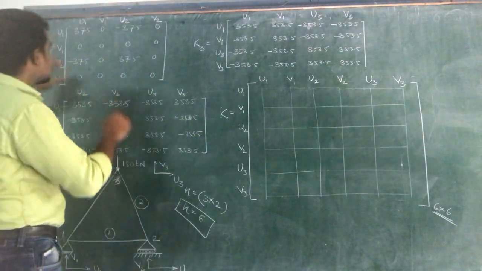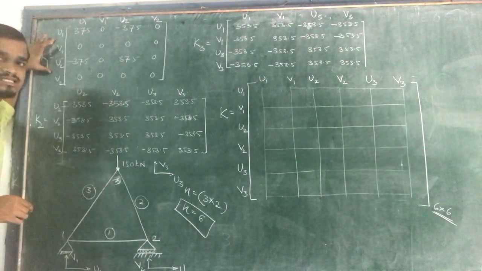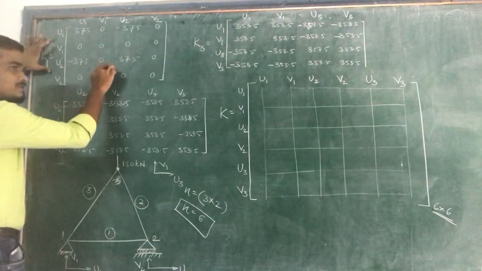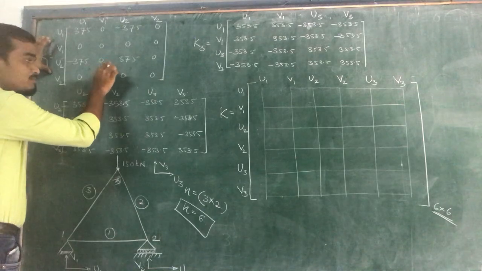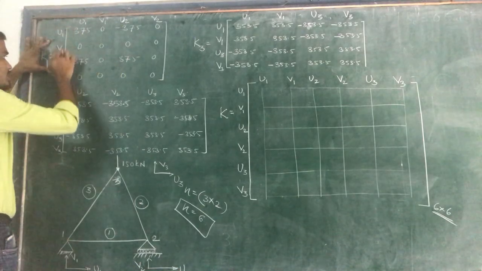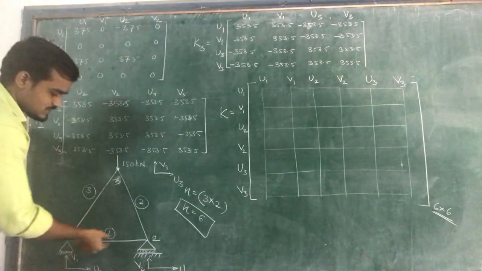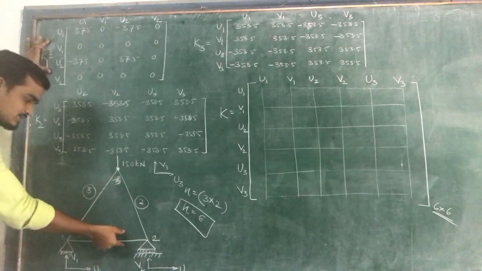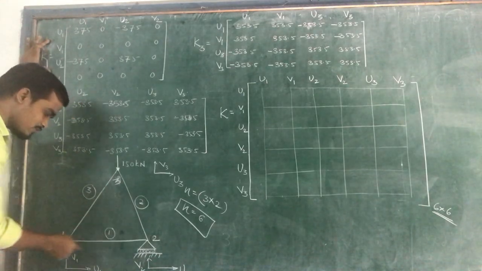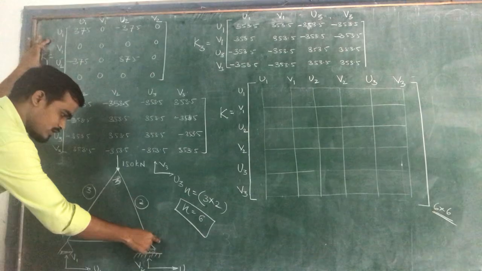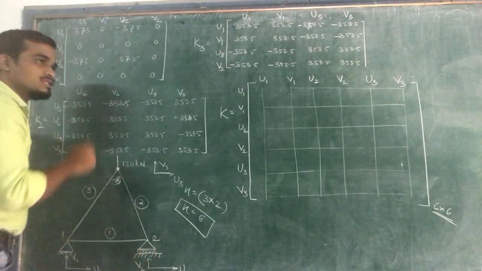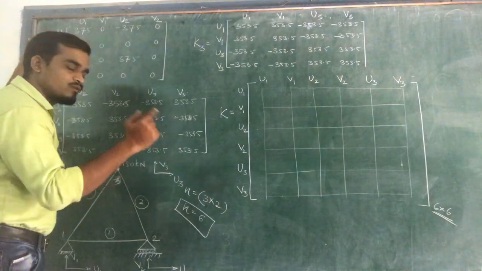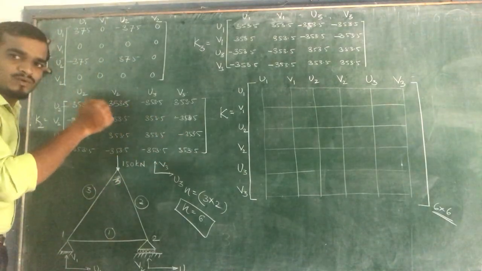First, this is the elemental stiffness matrix. The connectivity of this first element is between node 1 and node 2. It means between u1 v1 and u2 v2, that is, u1 v1 u2 v2 rows and u1 v1 u2 v2 columns.